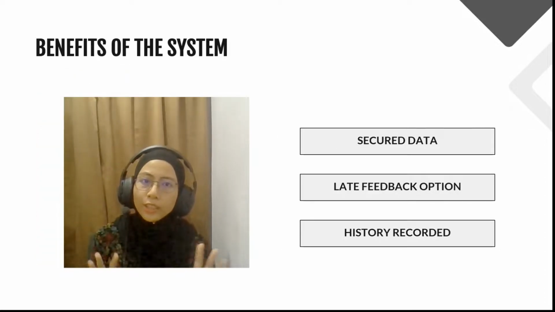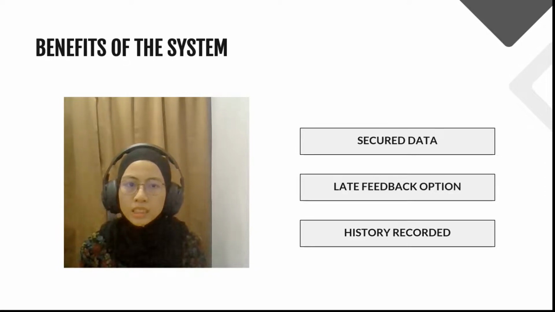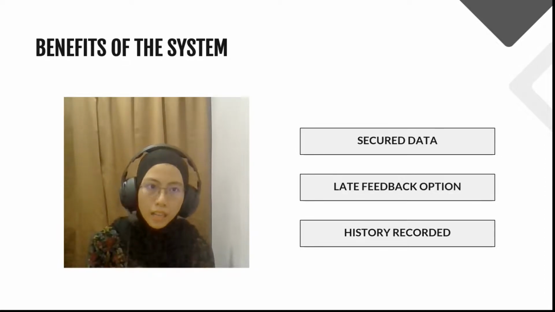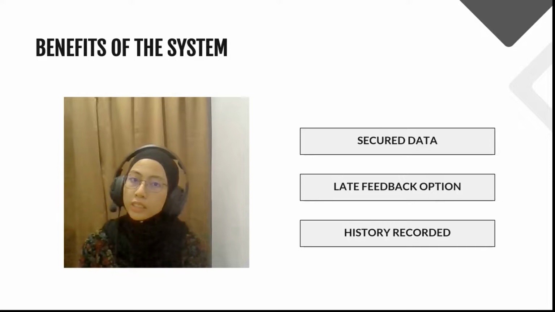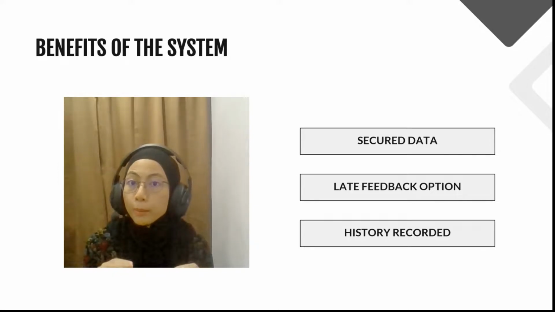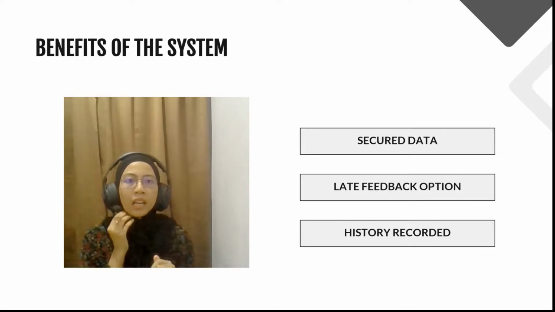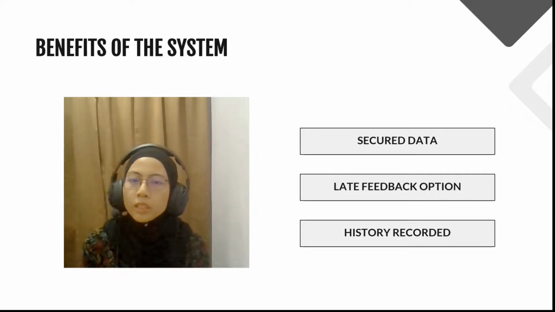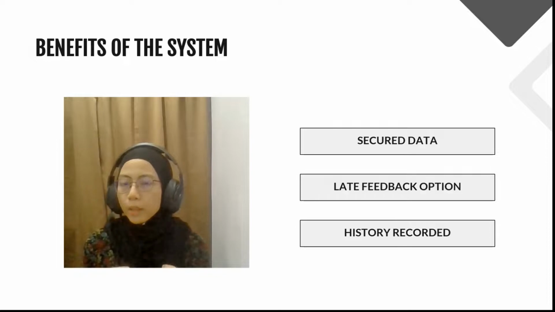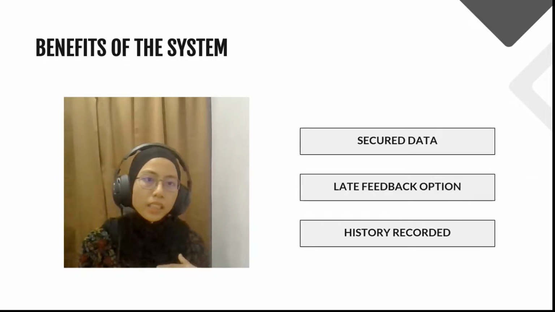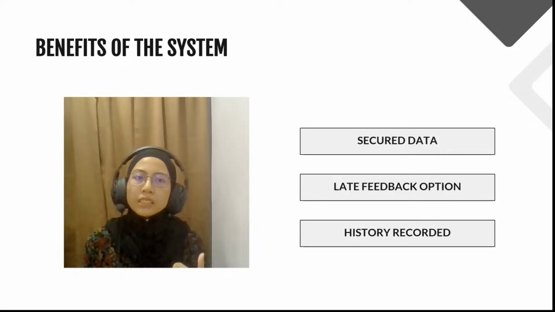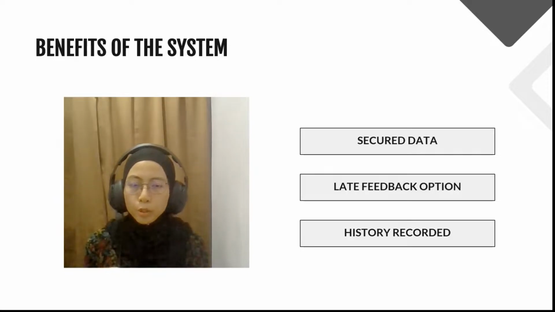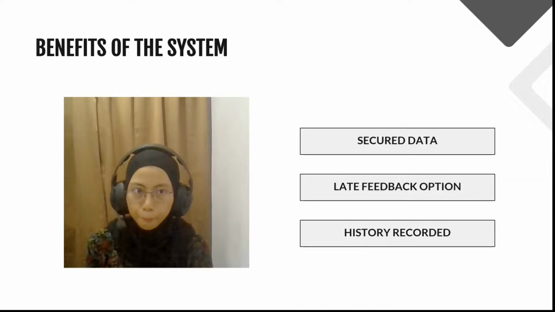To ensure security, all book information as well as the admin account will be stored in the system and will not be shared with anyone. It contains a late feedback option, which means that if the borrower is late returning the book, the librarians can just call the phone number that the borrower provided to ensure that the book is returned on time.